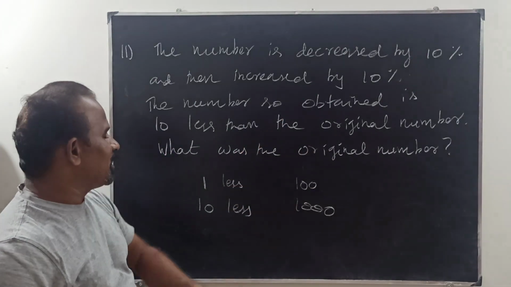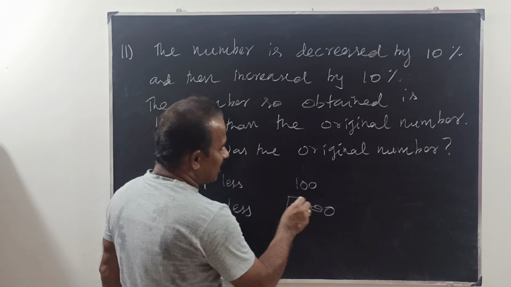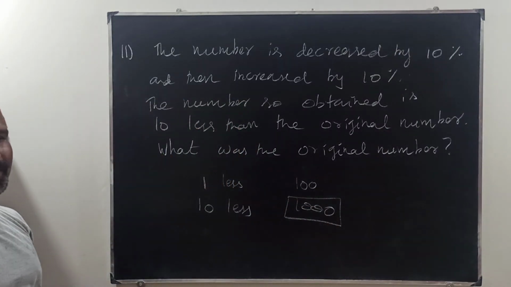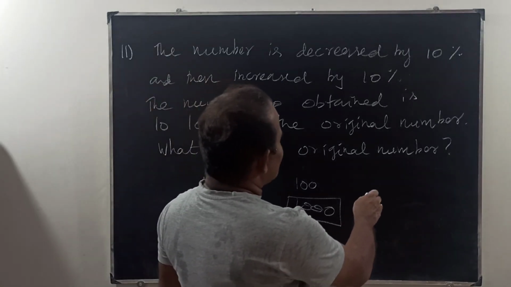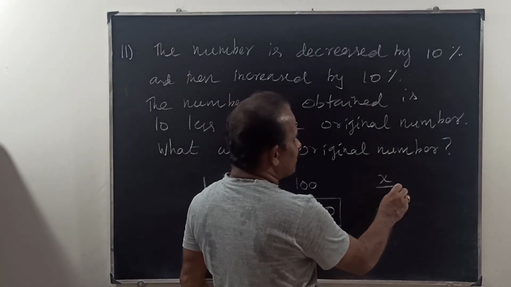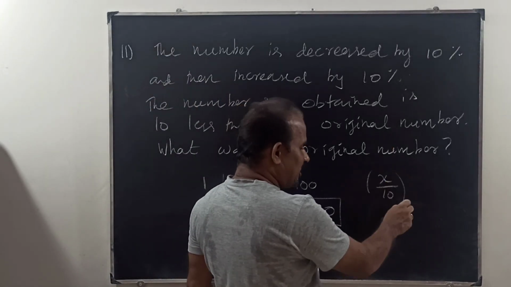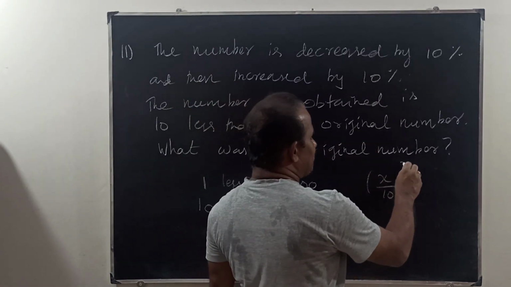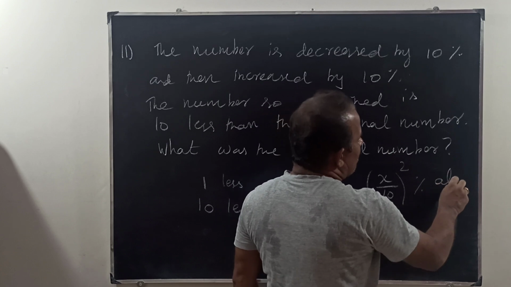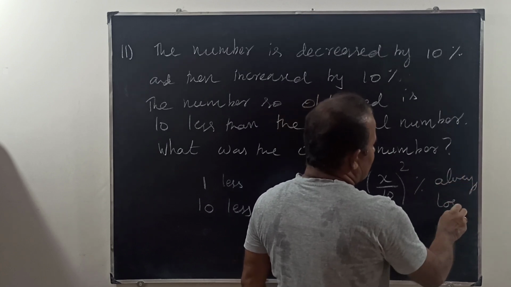So what was the original number? Original number is 1000. Very simple concept, because any number increased by X percentage or decreased by X percentage, then (X by 10) the whole square percentage is always lost.